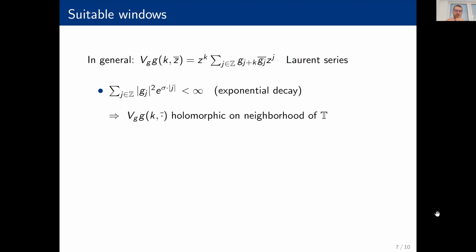And if we have a holomorphic function on an open domain around the torus, and the torus is of course a compact set in this open domain, then we know that a holomorphic function can only have finitely many zeros on compact sets, which means again that VGG is non-zero almost everywhere on DG times the torus. So we basically identified two huge classes of windows where recovery is equivalent to connectedness.